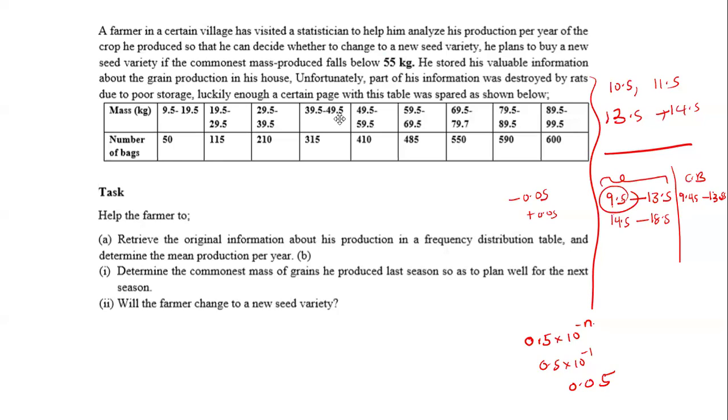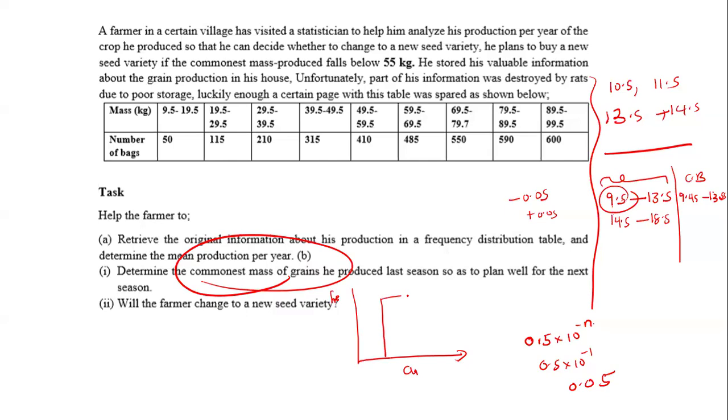So in case they ask, like here, this question wanted the commonest mass of the grains. So here you use the formula for mode, but in case they had said using a statistical graph, estimate the commonest mass of the grains, you draw your histogram very well, have your class boundary, and also have your frequency.